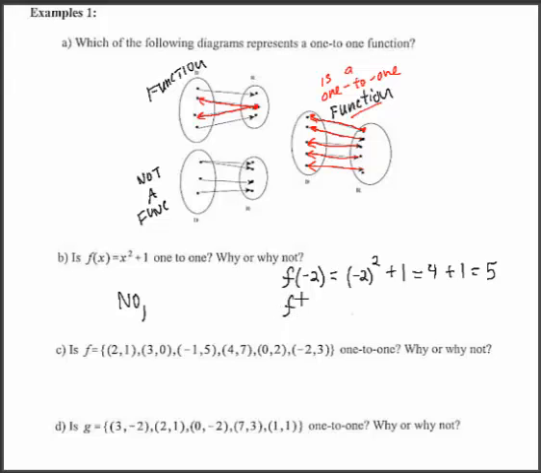Well, if I calculate f of positive 2, I will get 2 squared plus 1, which equals 4 again, then add 1 and I get the same output. And so if I reversed the relationship and mapped the output to the input, I would have 5 traced back to 2 inputs. So this is not a one-to-one function for that reason.